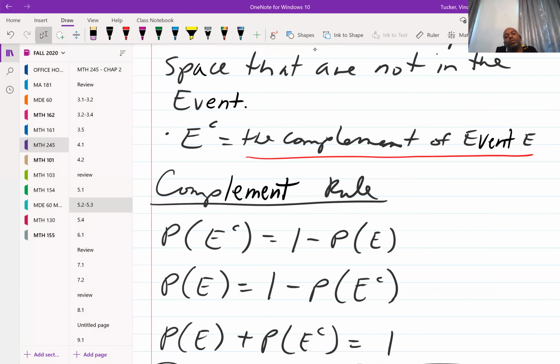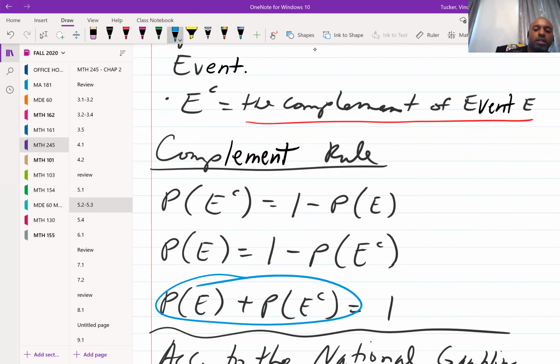All right, your complement rule is that if you want to find the probability of your complement, but you have the probability of your event, if you subtract it from 1, that will give you the probability of your complement. Or vice versa, if you know the probability of your complement and you want to find the probability of your actual event, you can subtract that from 1. And the other part of that relationship is that if you add the probability of your event and the probability of the complement of your event, they will equal 1.